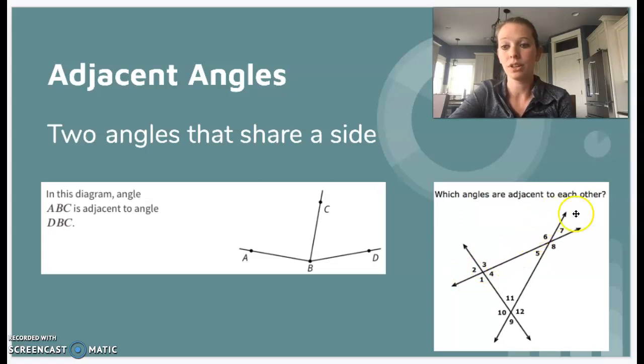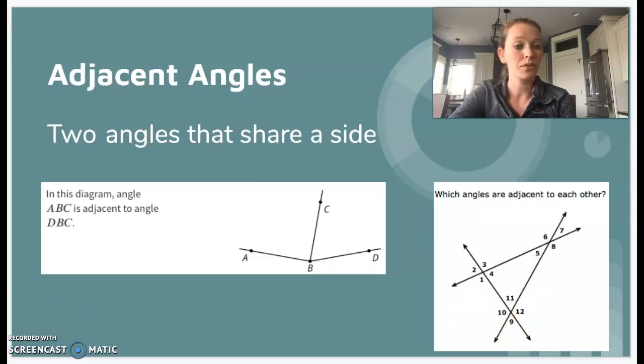Over here at this intersection, we could say angle 7 and 8 are adjacent angles because they're next to each other. Over here, we could not say 11 and 9 are adjacent because they're across from each other. They are not next to each other, so they have to be right next to each other. So like this one here, 9 and 12, they're next to each other.